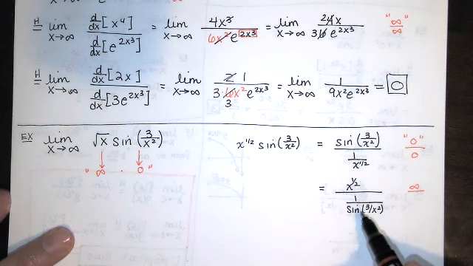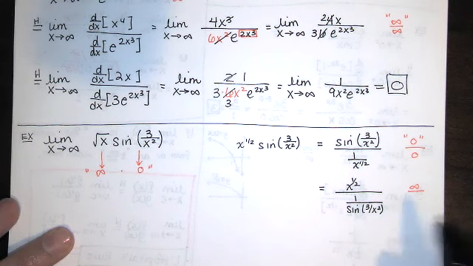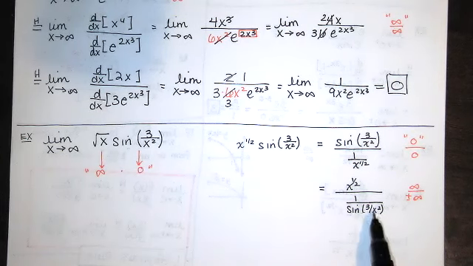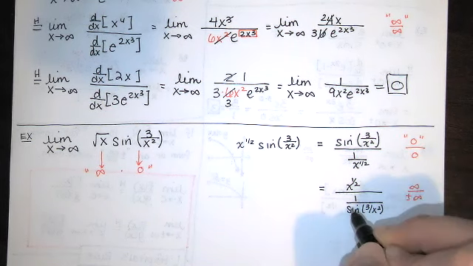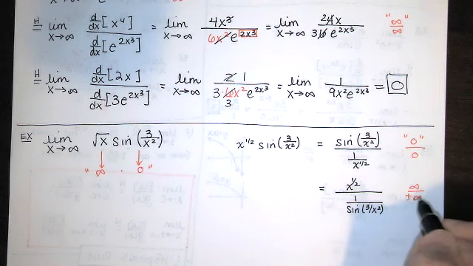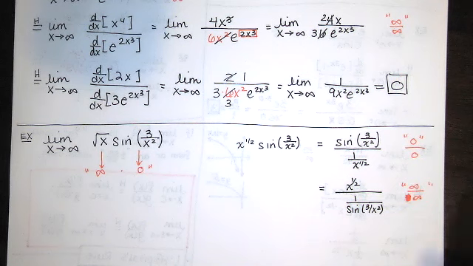So we've got 1 over something that's approaching 0. So that's actually going to be plus or minus infinity, depending on whether this is approaching 0 from the right or from the left. Well, actually, we know that's going to be a tiny positive number. So this is sine of a tiny positive number. So that's a tiny positive number. So we get a positive number.